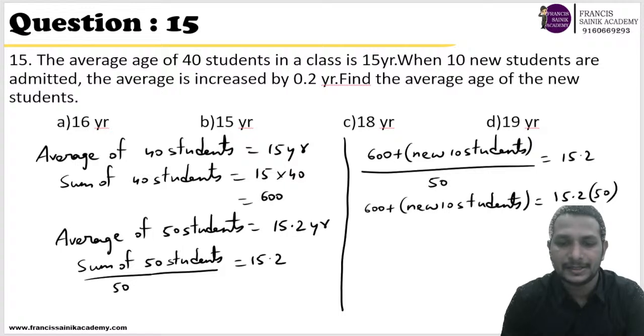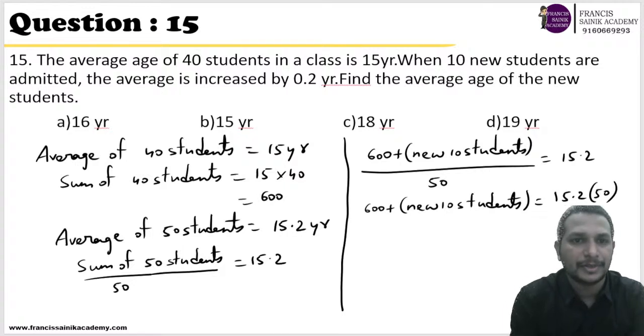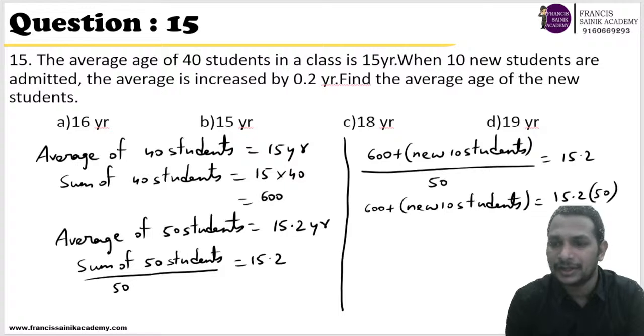760 minus 600, getting it again. 10 students will be how much? 760 minus 600, we get 160.